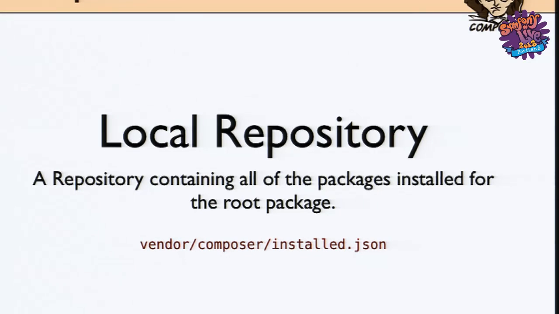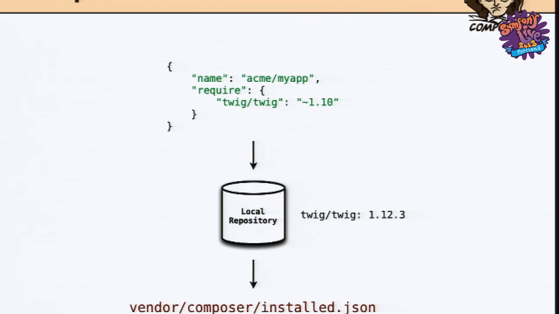It contains everything that you install. So if you do composer install, great. A representation of this would be a simple package. Acme My App requires Twig ~1.10, and after Composer solves that, it ends up putting Twig 1.12.3 into the local repository, which gets installed here.